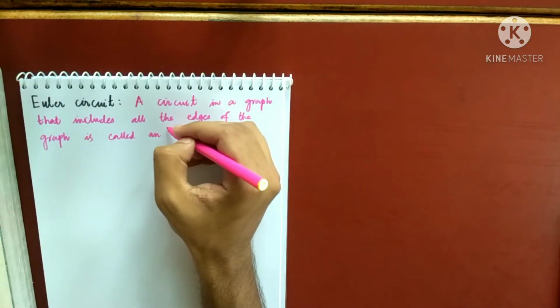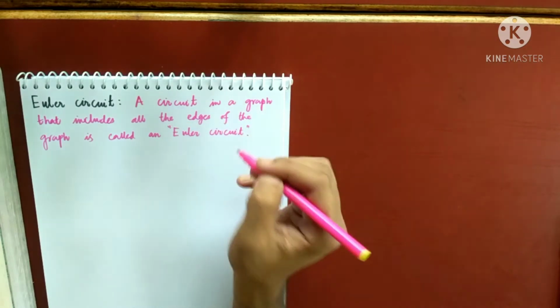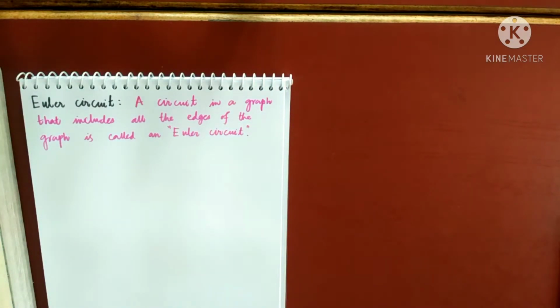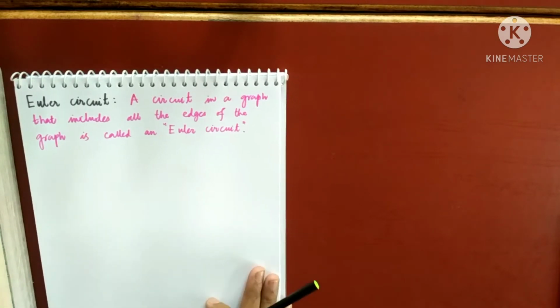So try to understand my point. What do we mean by an Euler circuit? A circuit means repetition of edges is not allowed, but repetition of vertices is allowed. An Euler circuit is a circuit that includes all the edges of the graph.